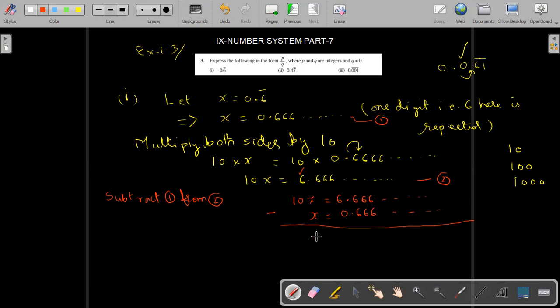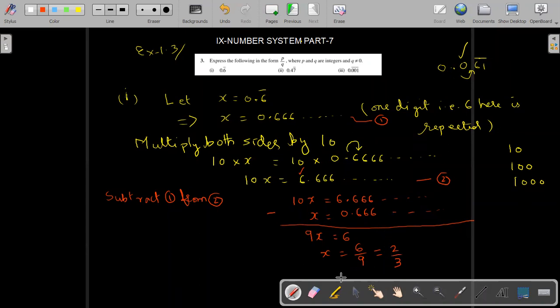On the left side, 10x minus x gives 9x, and 6.6666 minus 0.666 gives 6, which is an integer. So x is 6 by 9, and it can be simplified: 3 twos are 6, 3 threes are 9. So x is 2 by 3.